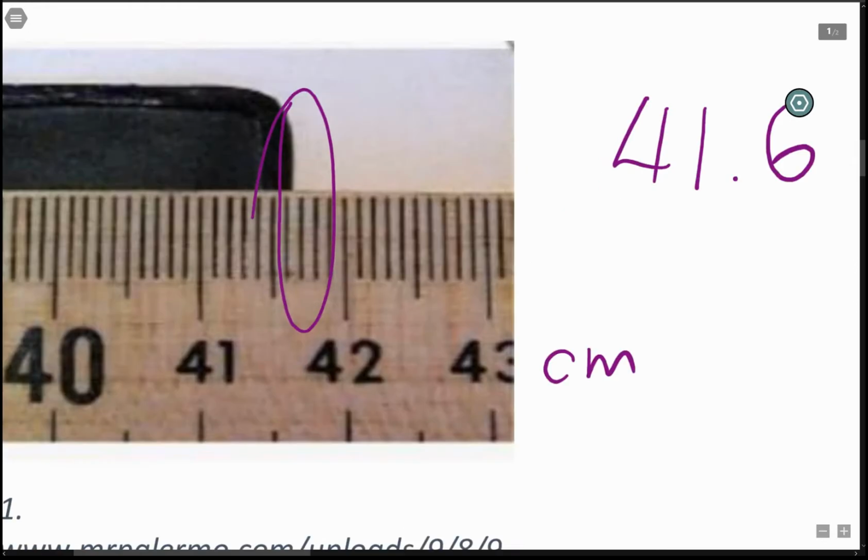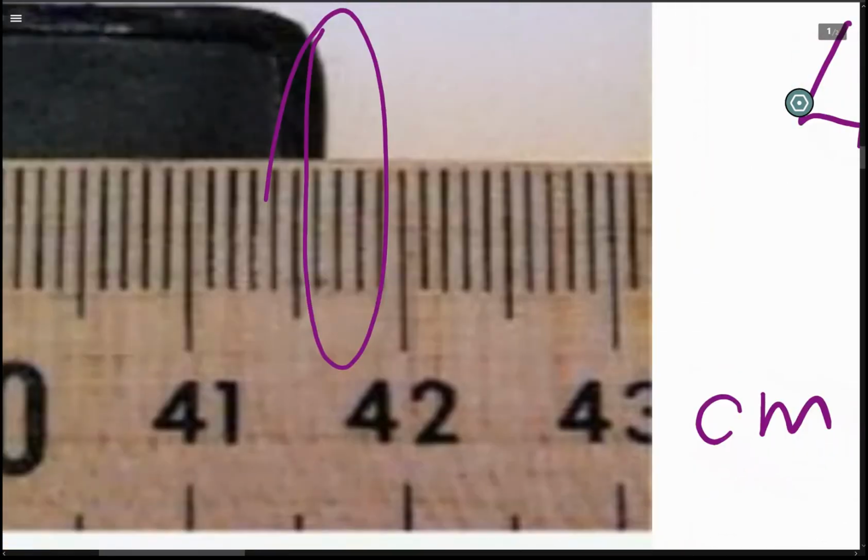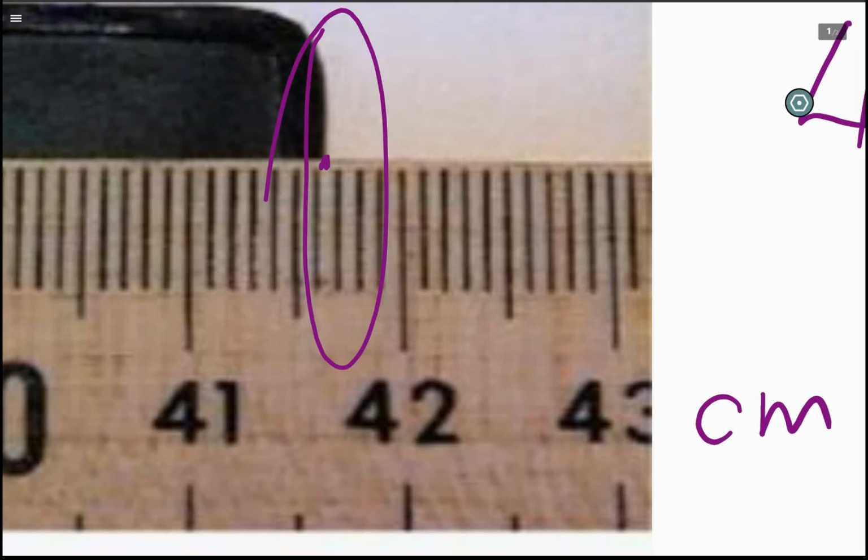And if we zoom in even closer, you might not be able to do that with your page. You might notice that it is not exactly at the 0.6, but a little bit higher than that. But without the detailed gradients, increments, we don't know. But we can estimate that last digit.